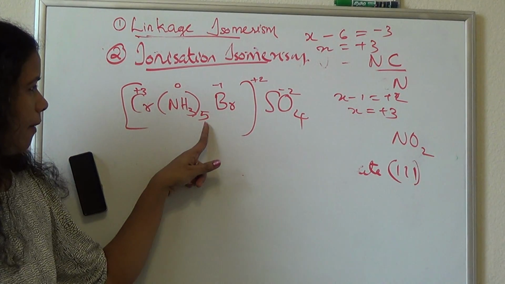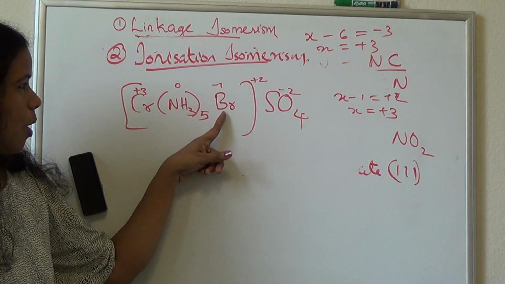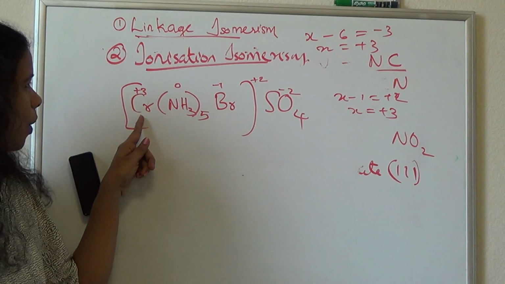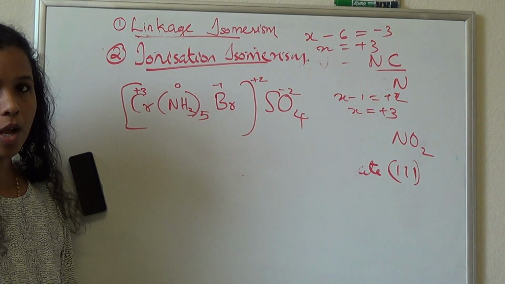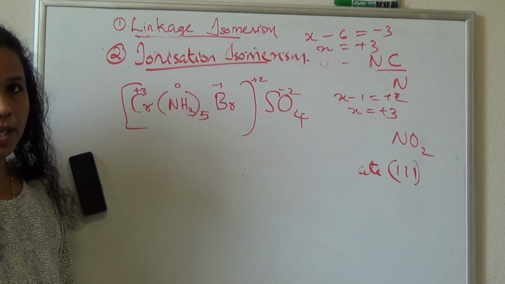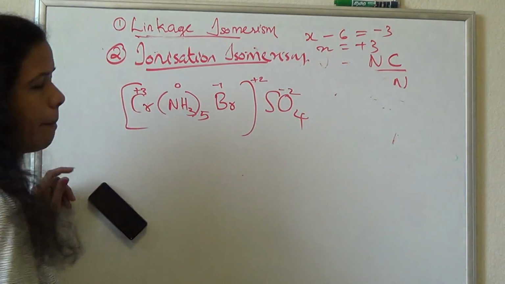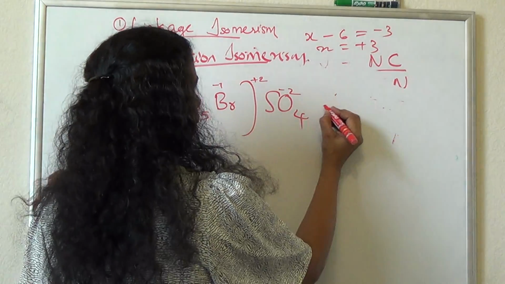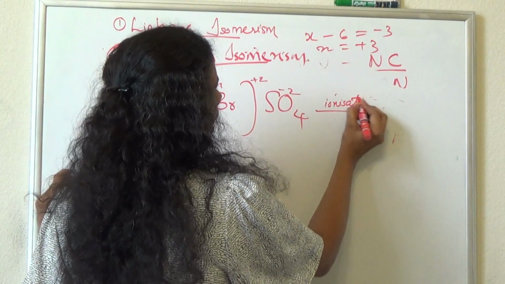Its name: there are five ammines, so pentaamminebromochromium(III) sulfate. If we dissolve this complex in water, it will undergo ionization.